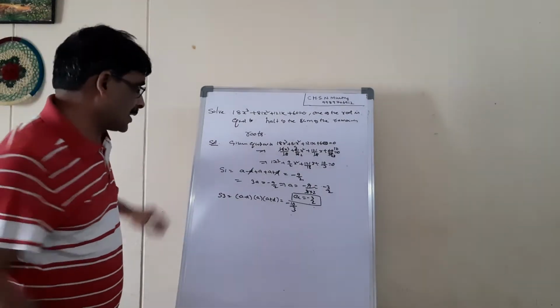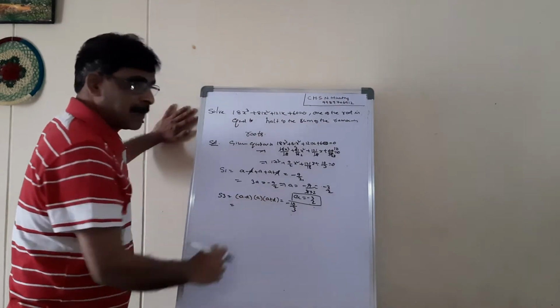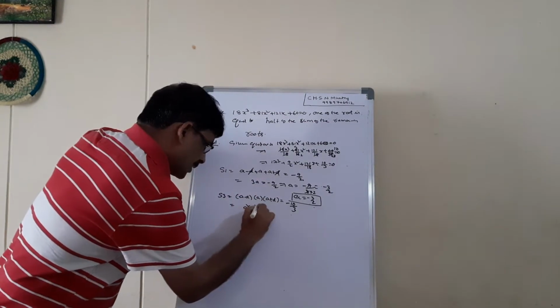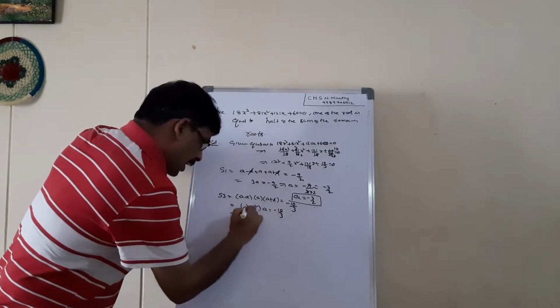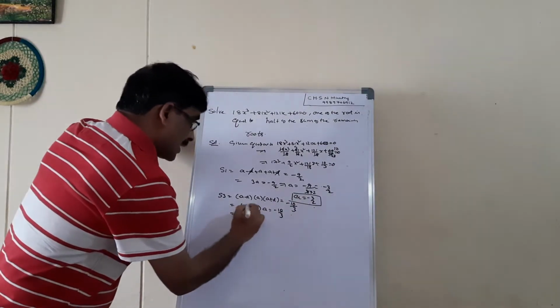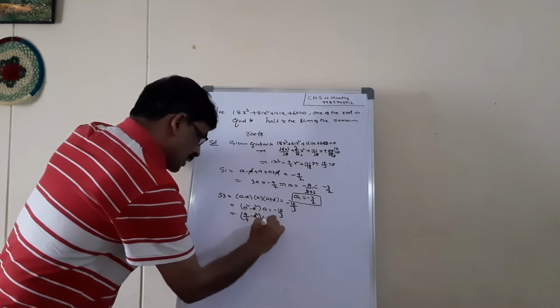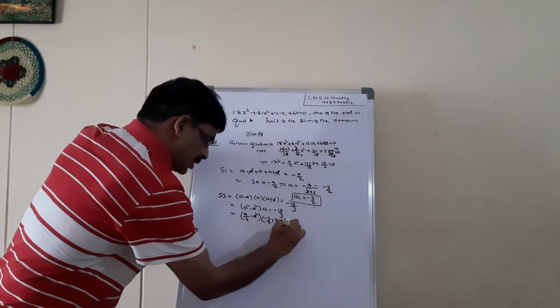Here a minus d into a plus d is a square minus d square, and a square minus d square into a equals minus 10 by 3. What is a? Minus 3 by 2. Then a square means 9 by 4 minus d square, into minus 3 by 2, equals minus 10 by 3.